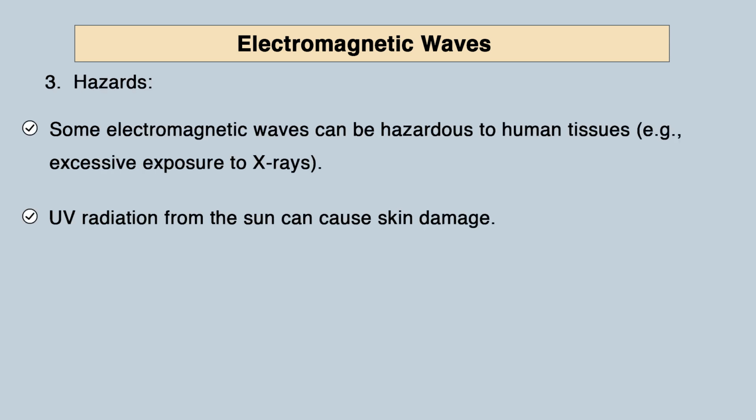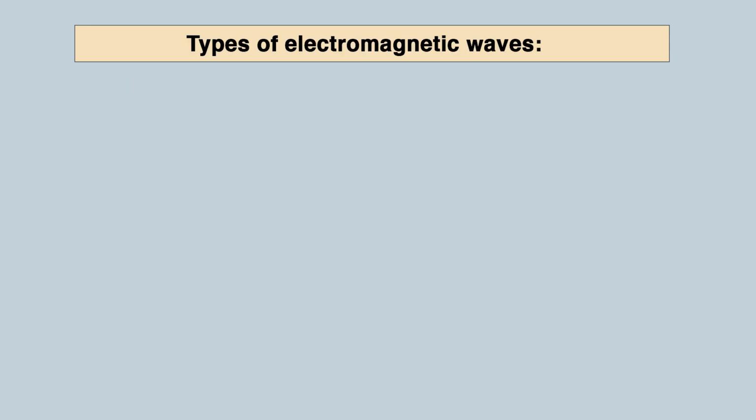They are also hazardous. Some electromagnetic waves can be hazardous to human tissues, like X-ray and other radiation like gamma and beta. UV radiation from the sun can cause skin damage. Let's explore all the types of electromagnetic waves.